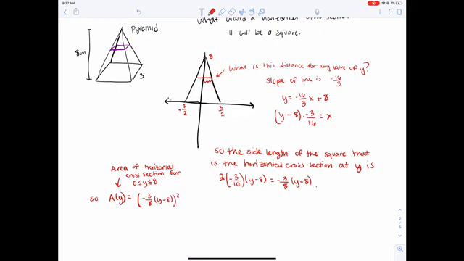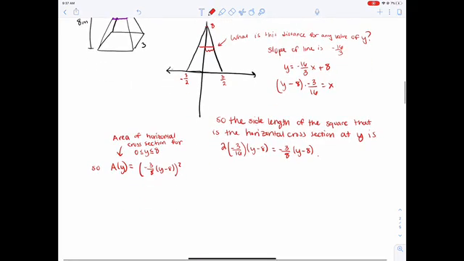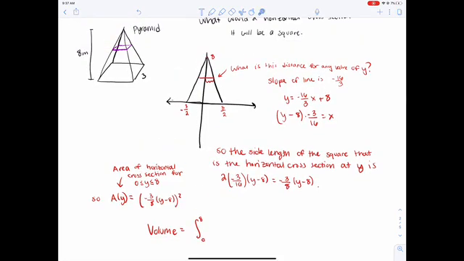Because it's a square, we know the side length, so we know the area. So the volume will be the integral from 0 to 8, because when we projected it onto the plane, we put the bottom at y equal to 0, and the top at y equal to 8.